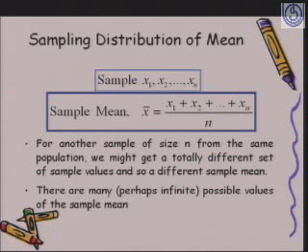So the sample mean is defined as x bar, which is x1 plus x2 plus up to xn divided by n. Now for another sample of size n from the same population, we might get a totally different set of values and so a different sample mean. There are many, perhaps infinite, possible values of the sample mean.